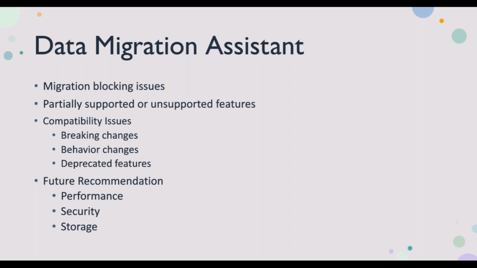And one more thing is the feature recommendation. Feature recommendations are based on whatever we have in our hand. It knows what is available right now on-premises, but if you move to the cloud, these are the additional things you may get. Because of those additional things, you may get additional performance, good security, or some good storage.